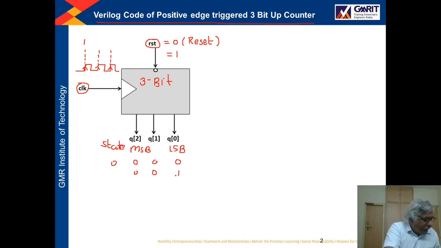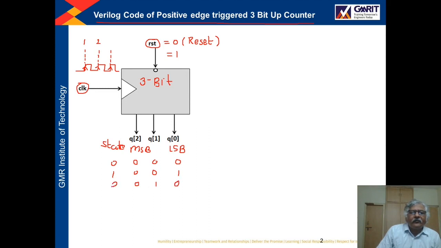This 001 is state number 1. When the second positive edge of the clock is detected, the counter will go to the next state, which is now 0 1 0.